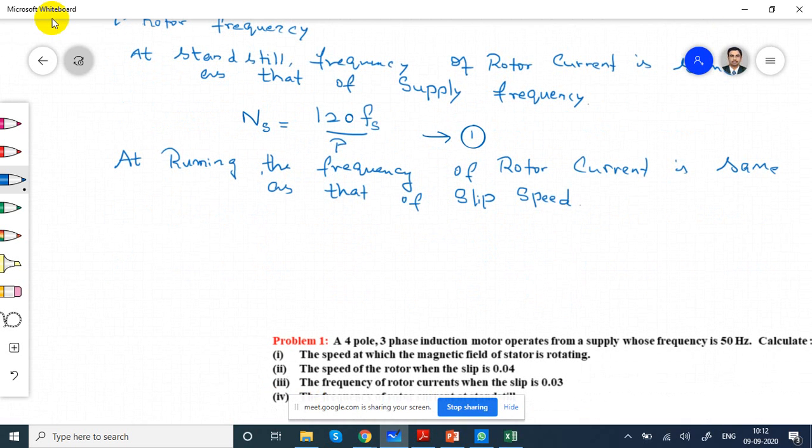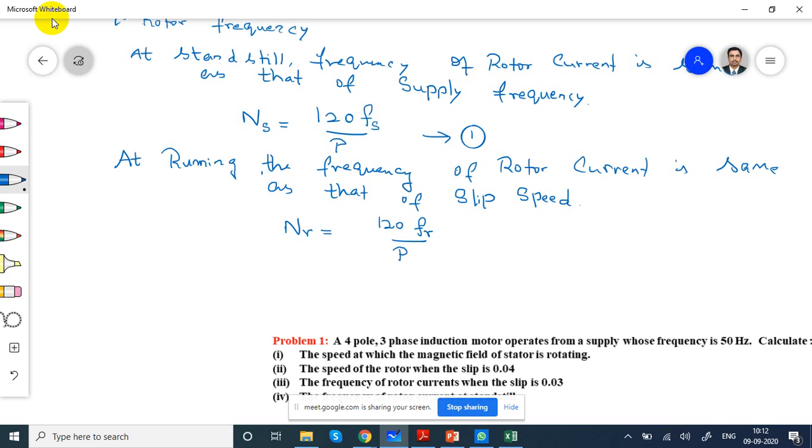Slip speed means the frequency of rotor current, and the notation is Nr. Nr equal to 120 Fr by P.